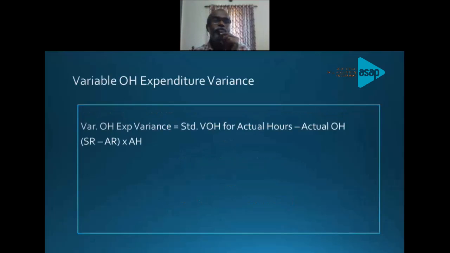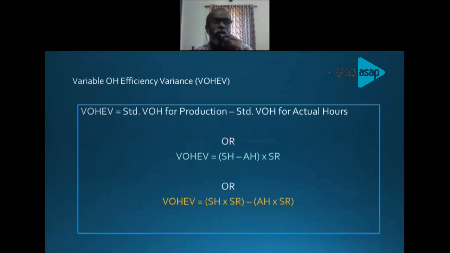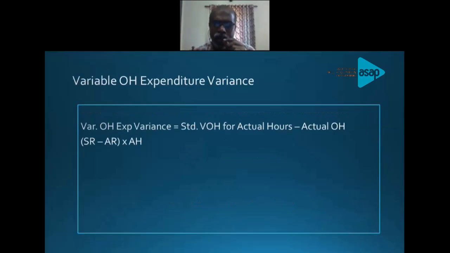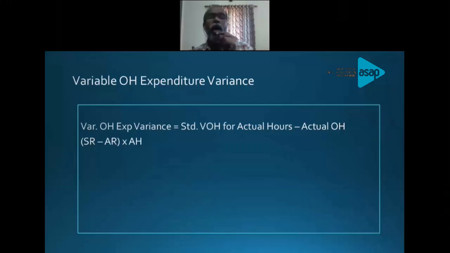Moving on to another one, variable overhead expenditure variance. Variable cost variance has two components. The first component is variable overhead efficiency variance, and the second component is variable overhead expenditure variance. Variable overhead expenditure variance is the difference between standard variable overhead for actual hours and actual overhead.